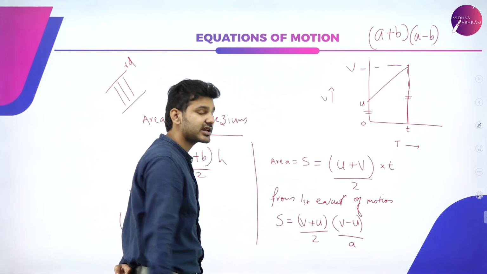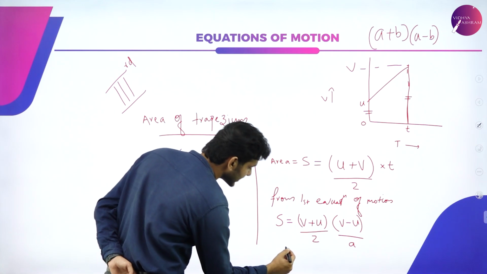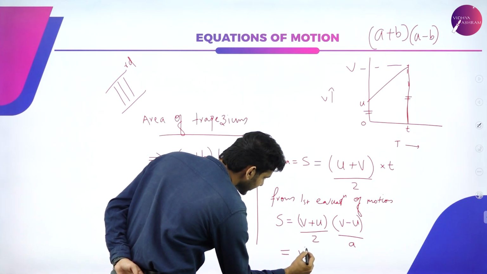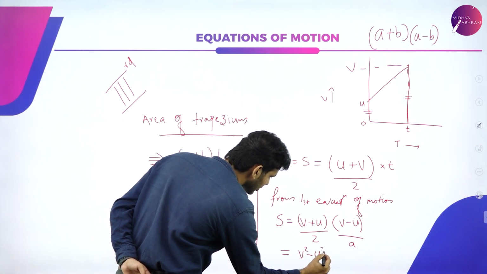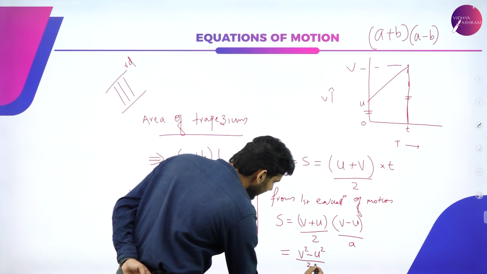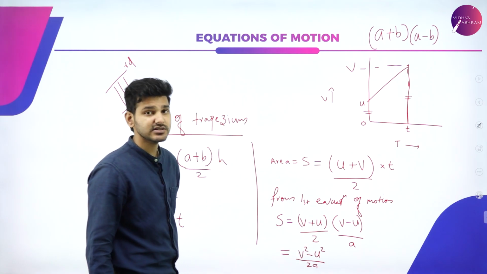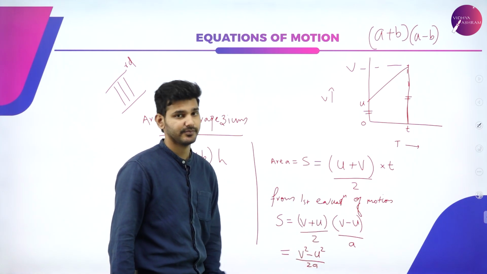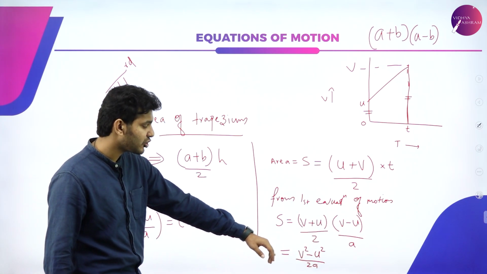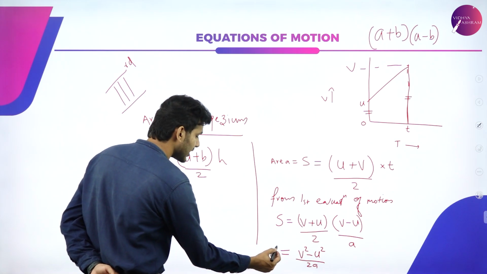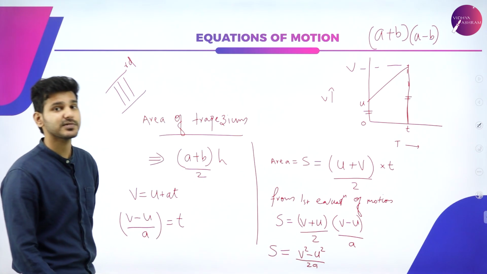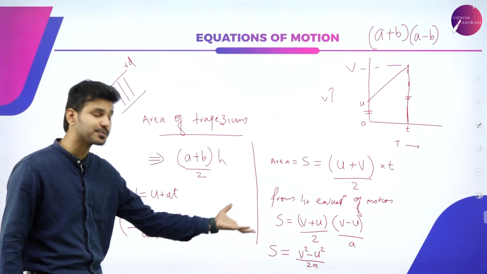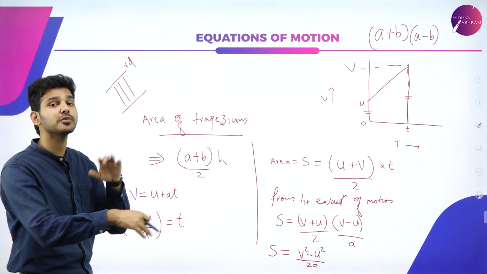So in this particular case, it is v and u, so I'm going to write it as v square minus u square by 2a. This is a multiplication, so I don't have to write 2 and into a, it is just 2a. So (v square minus u square) by 2a is equal to s, or simply displacement can be found out using this particular equation, which I'm going to rearrange.